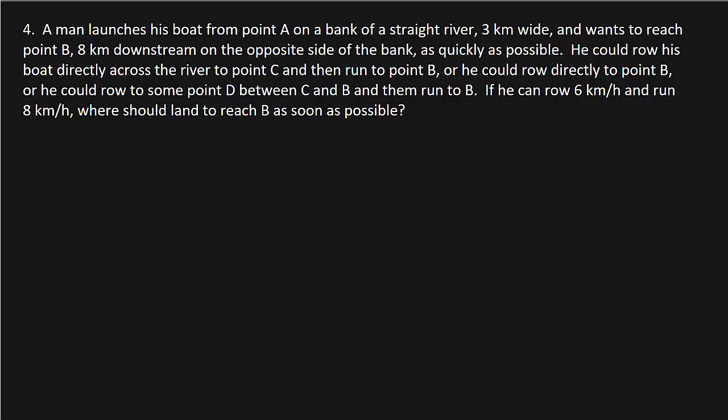He could row his boat directly across the river to point C and then run to point B, or he could row directly to point B, or he could row to some point D between C and B, and then run to B. If he can row 6 kilometers an hour and run 8 kilometers an hour, where should he land to reach B as soon as possible?